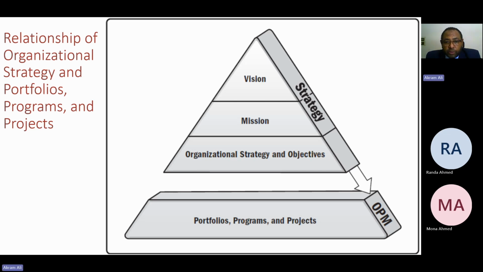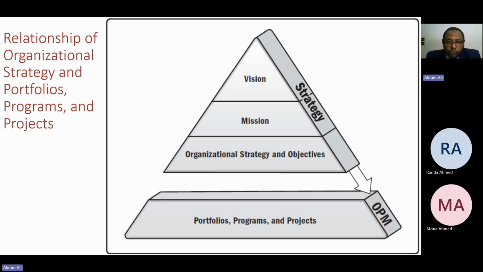The OPM implementation teams should consider taking a holistic approach in order to gain a better understanding of the strategy and how the coordination of work between other functions in the organization will take place to achieve the strategy.